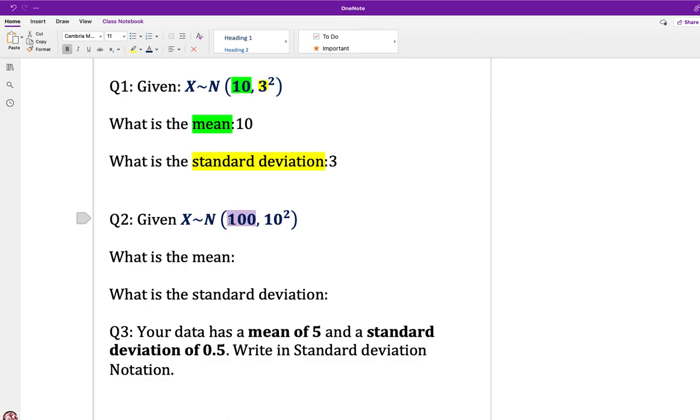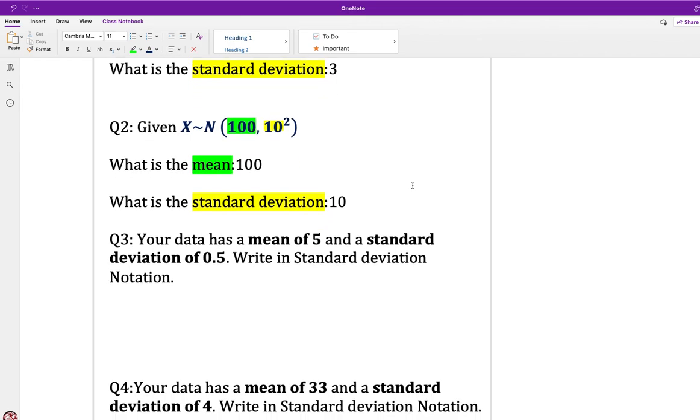So once again, our mean here is 100, and our standard deviation is 10. Boom. Okay. So we have to commit that to memory, so if we see that, we know what's going on. First number, mean; second number, standard deviation.